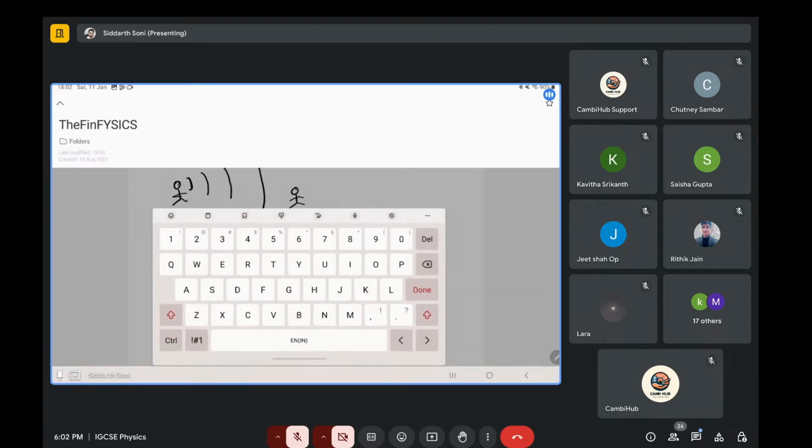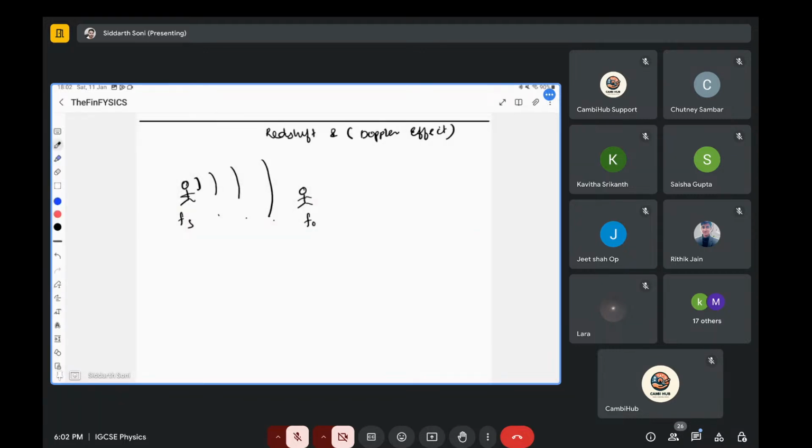So the distance covered needs to be smaller for this wave to reach your ear. So what you will hear is more number of waves. Whenever any source is approaching you, because you are interacting with more number of waves, the observed frequency increases.